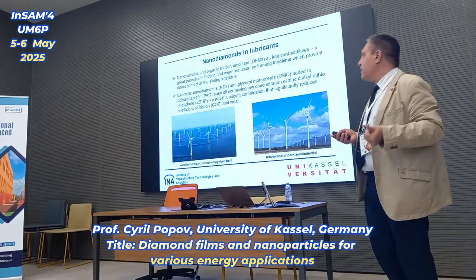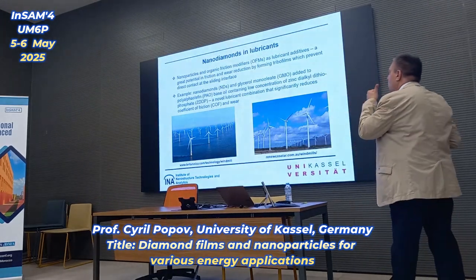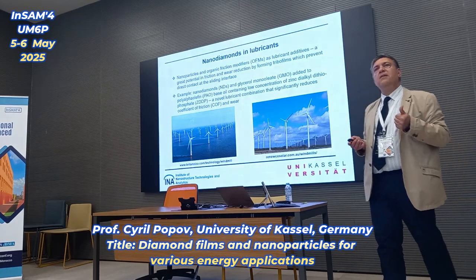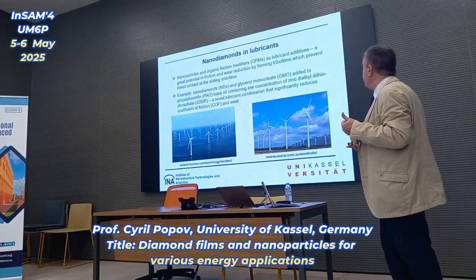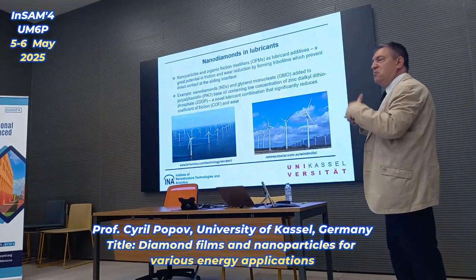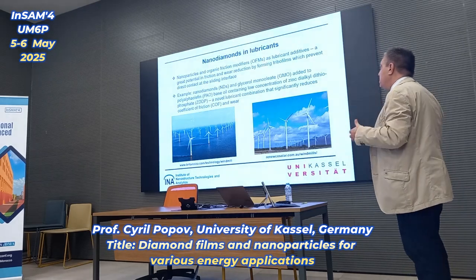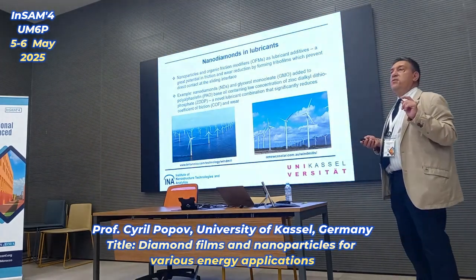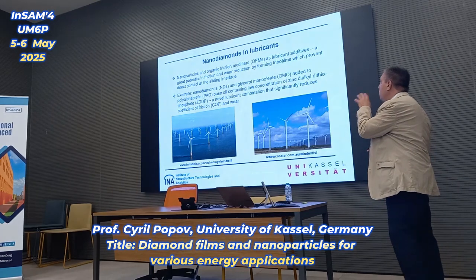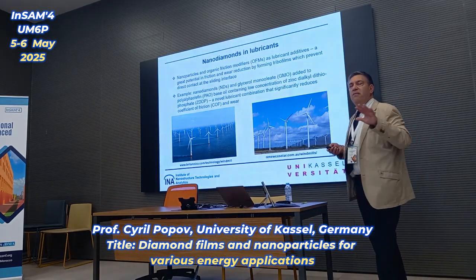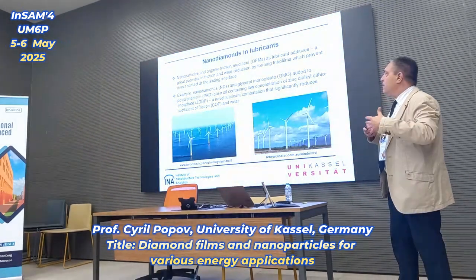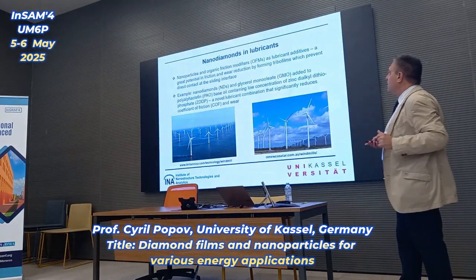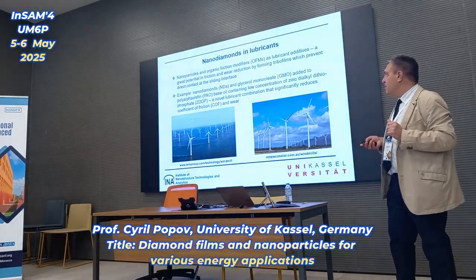This can be nanoparticles, but also organic friction modifiers, also some inorganic substances. So this brings additional potential in friction and wear reduction. And the reason is the formation of tribofilms that prevent the direct contact between the sliding surfaces. And one example is the application of nanodiamonds.